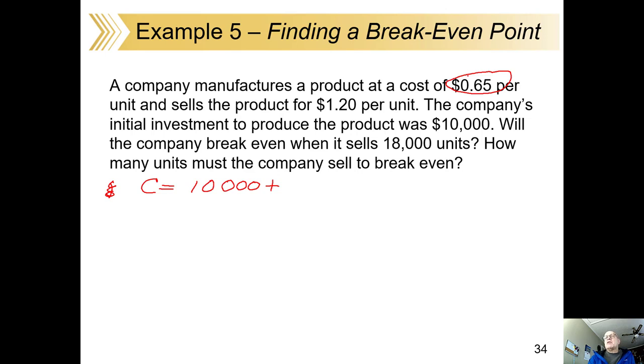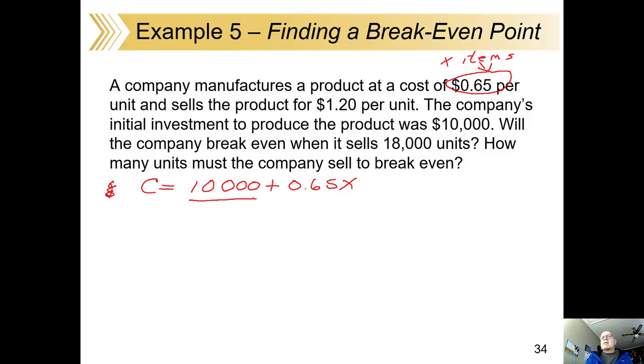If you have 200, it'd be 65 cents times 200 and so on. If you've got X items, at 65 cents a piece, it's going to cost you 65 cents times whatever number of those items you need to sell today or this month or this year. That's going to be your cost.